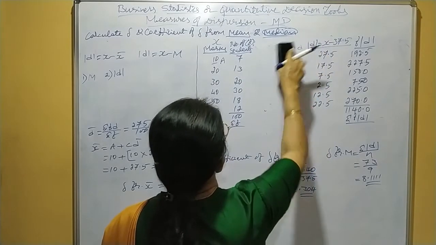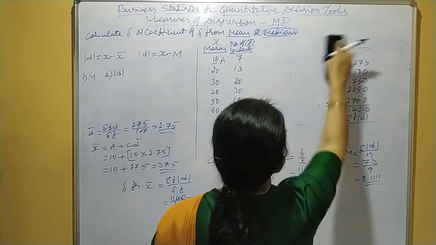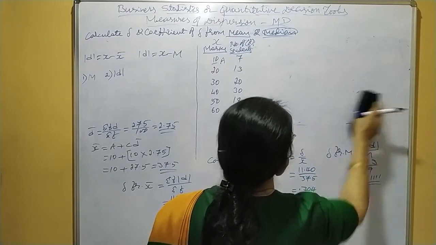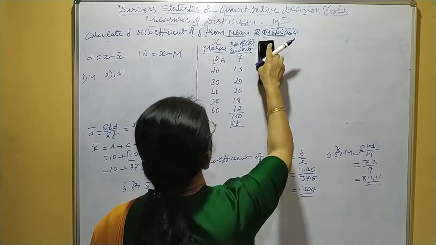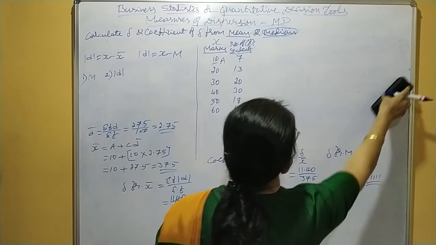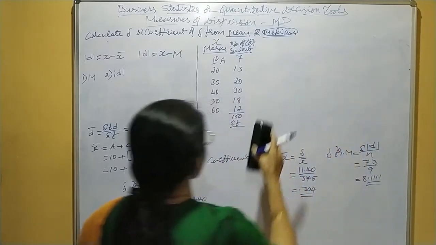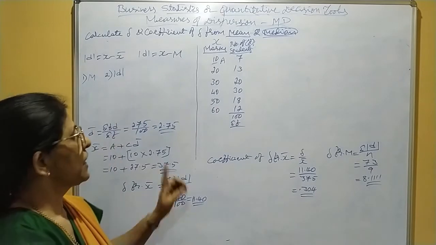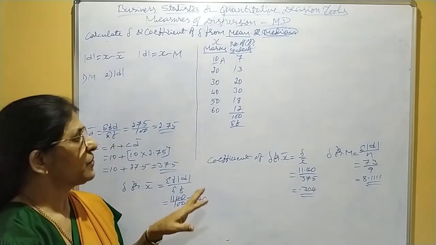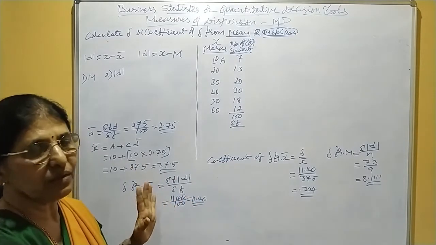First we have to take cumulative frequencies, isn't it? Then even there we come across two formulas, when n, that is sigma f, is odd or even. If sigma f is odd, then m equals n plus 1 by 2th value, or if n is even, then m equals average of n by 2th and n by 2 plus 1th value.